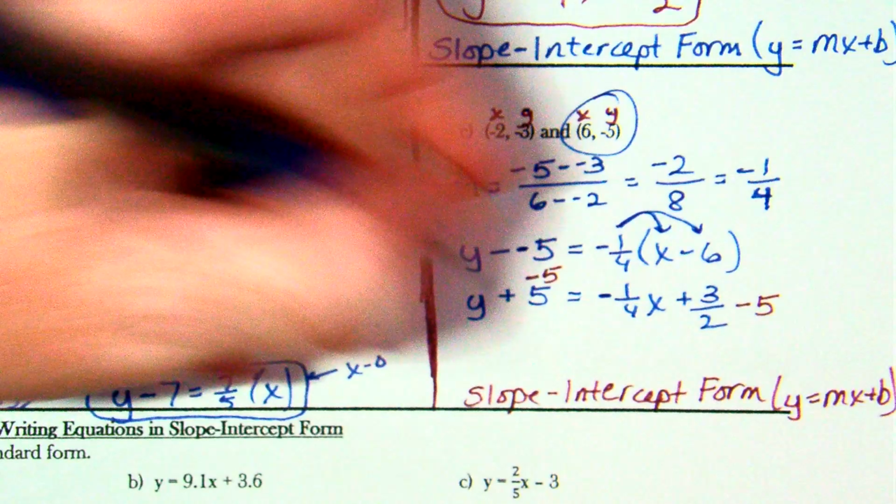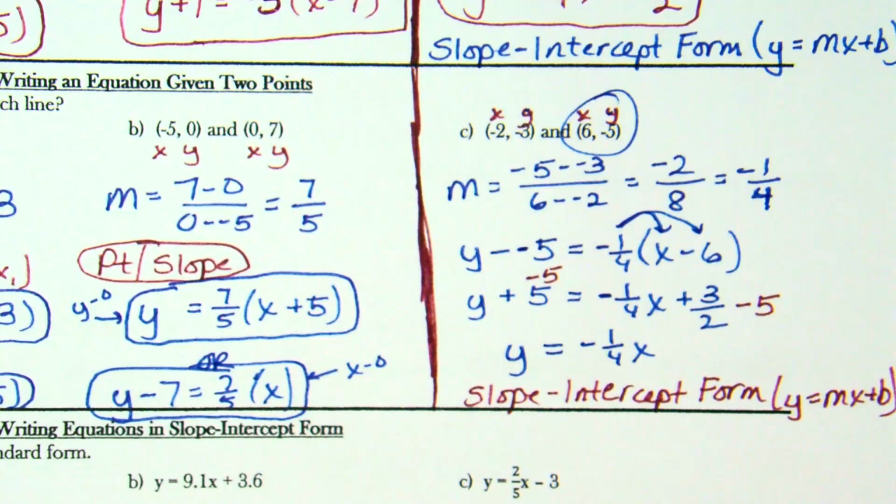Kendra? Okay, so thinking in terms of common denominator. So if I do 3/2 minus, if this is 5 over 1, right? Then how do you get a 1 to become a 2? You multiply by 2.